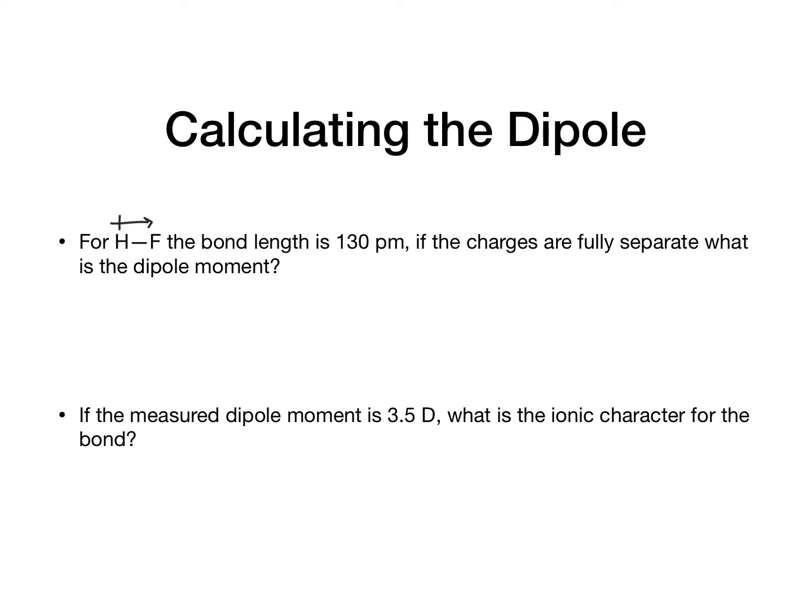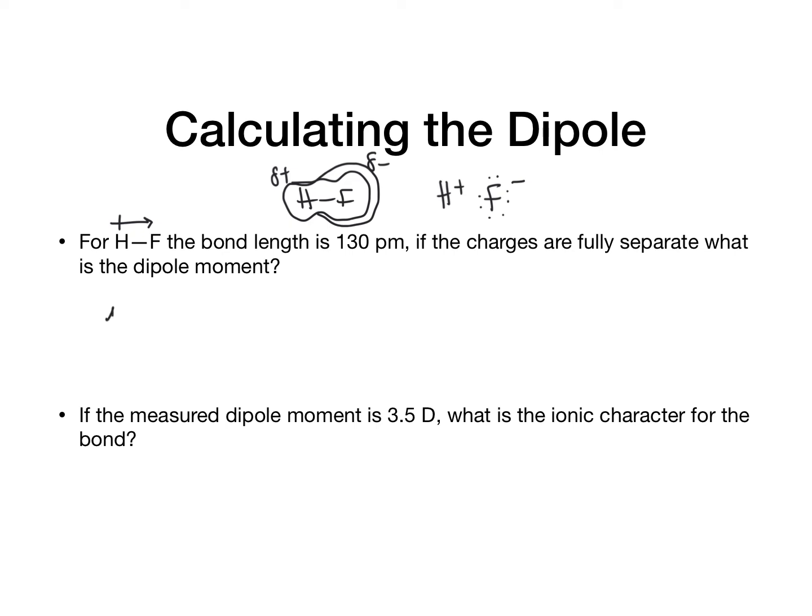If the charges are fully separate, which means instead of HF being lopsided, we have H plus and fluorine minus, so the same charges, just +1, -1 instead of delta minus and delta plus, meaning partial. Fully separate, what is the dipole moment?